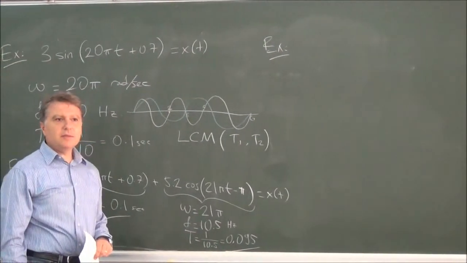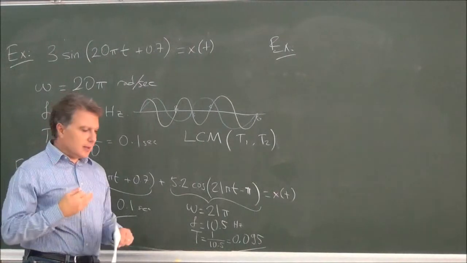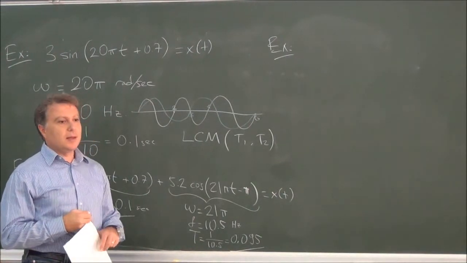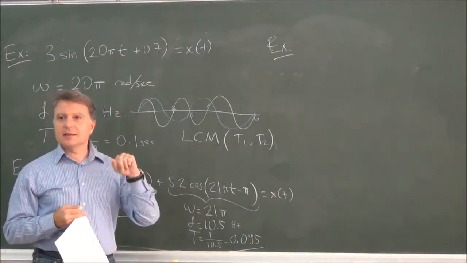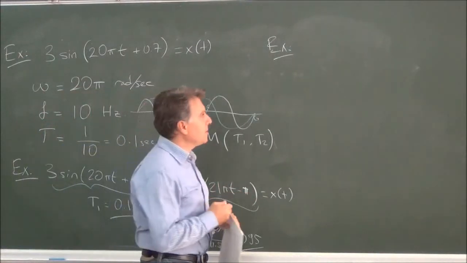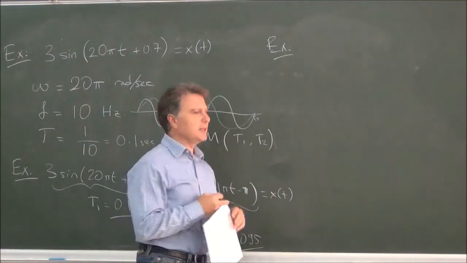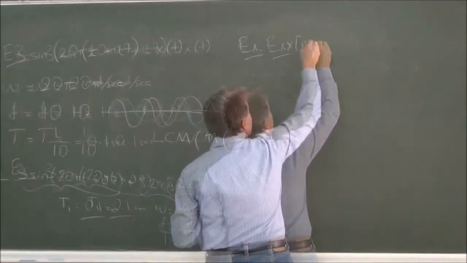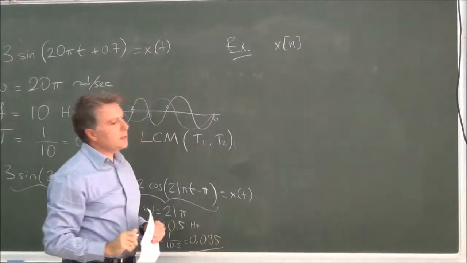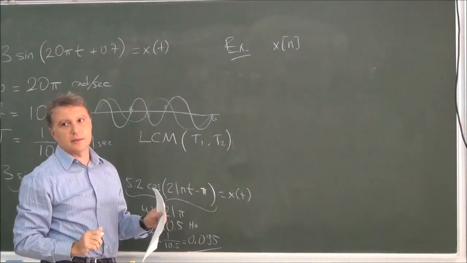In discrete time, even giving the answer to whether it's periodic or not is an issue. Discrete time is a little bit different. For example, x of n. Look at the notation that I'm using, please stick to that.